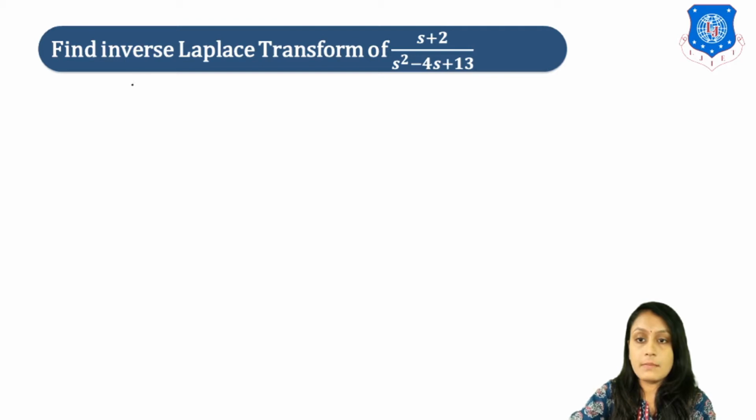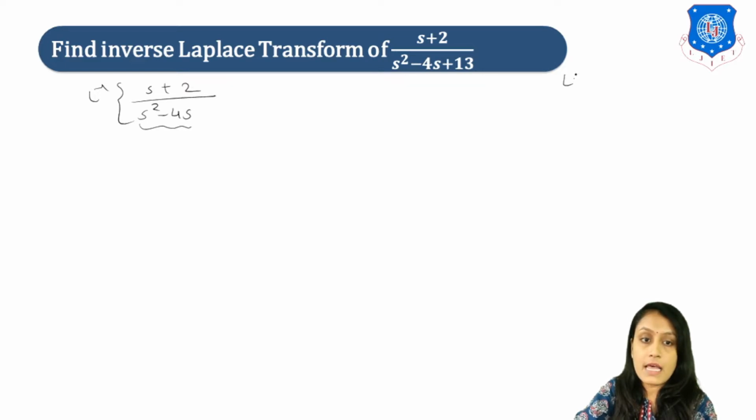Now let's solve an example. First we have to find the inverse Laplace transform of s plus 2 upon s square minus 4s plus 13. What we will do in this type of example is find the last term, and then apply the a plus b or a minus b whole square formula.